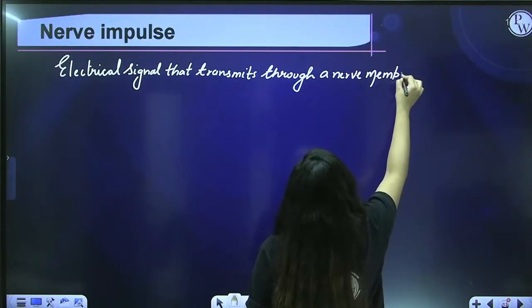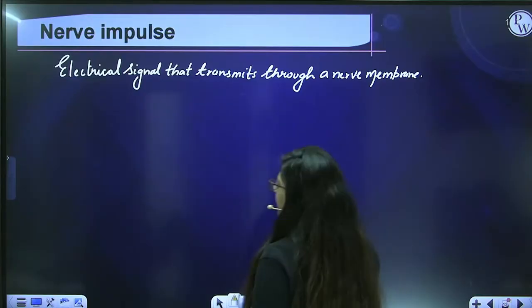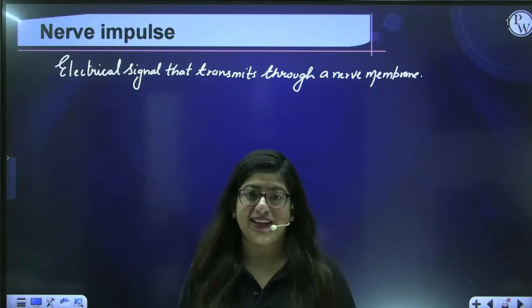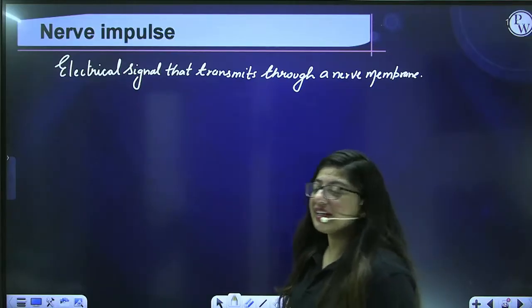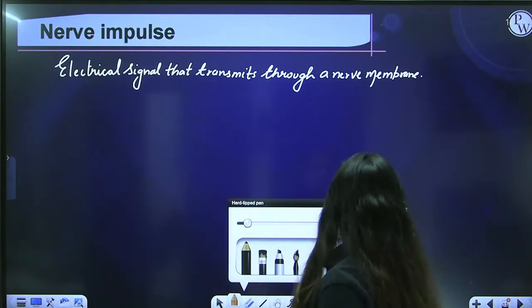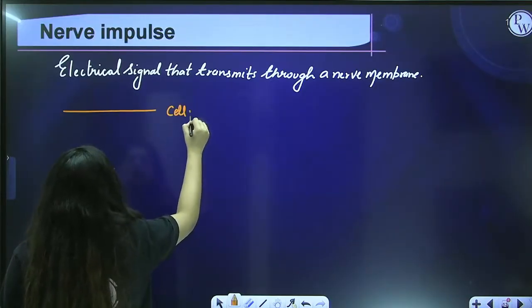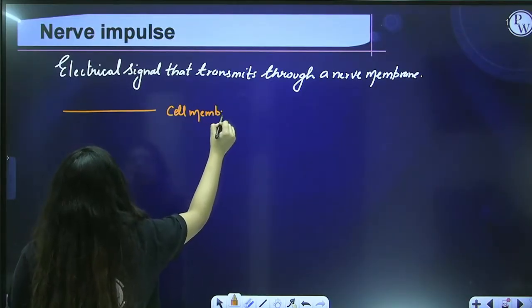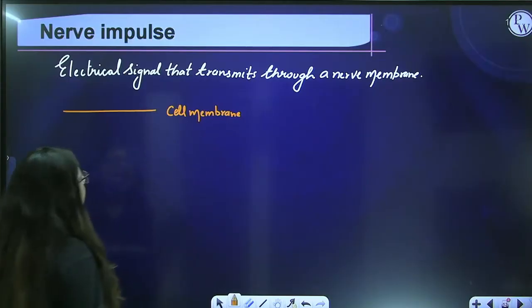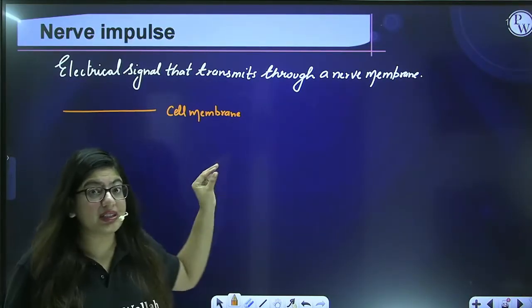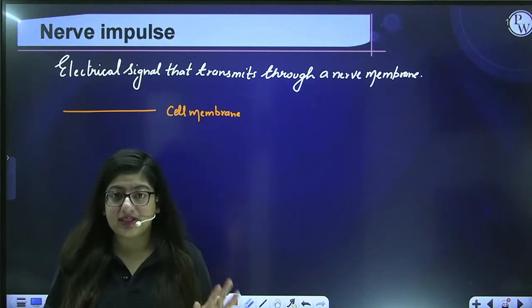This is what excitable means: any cell is excitable if it can detect or generate this electric current. If this is your neuronal cell membrane, we say that a current is flowing through this neuronal cell membrane.